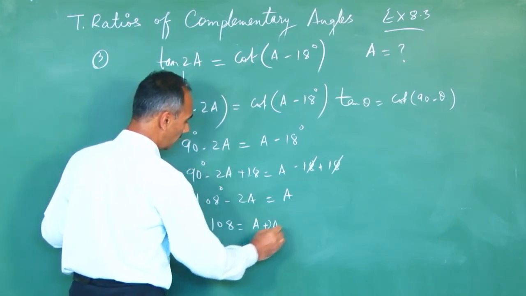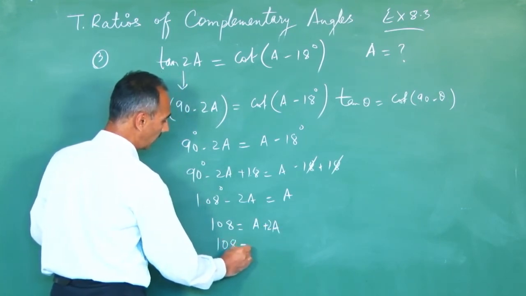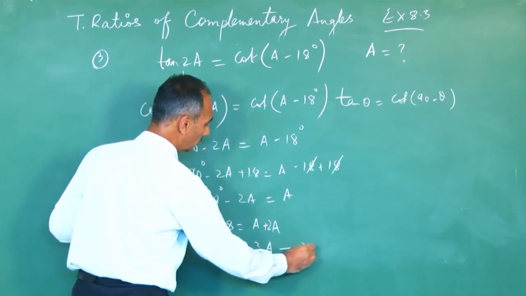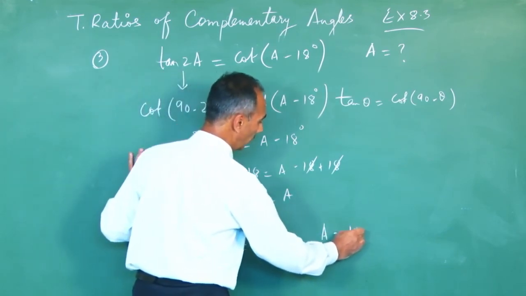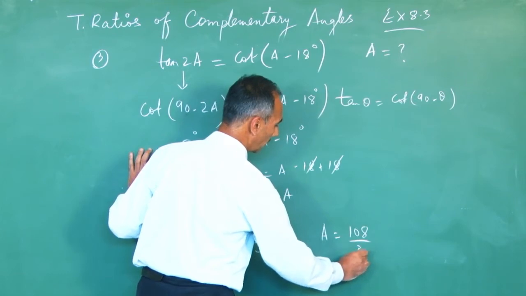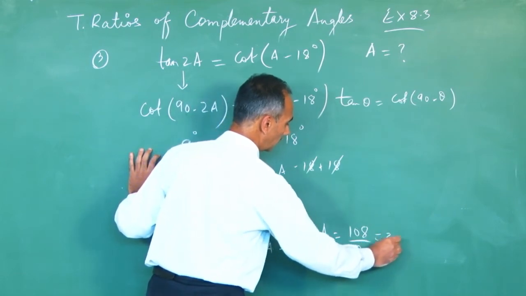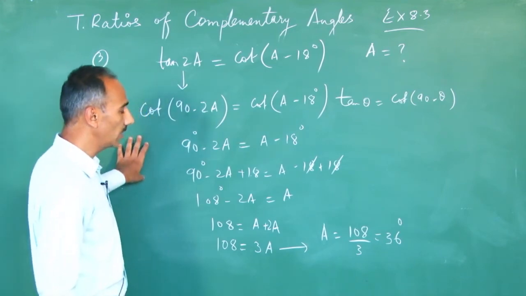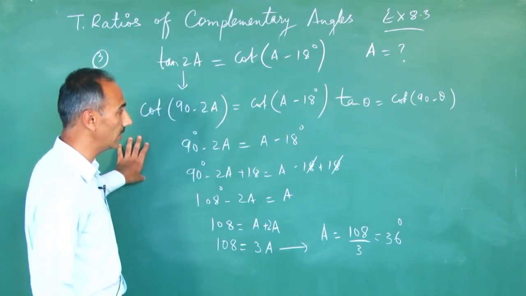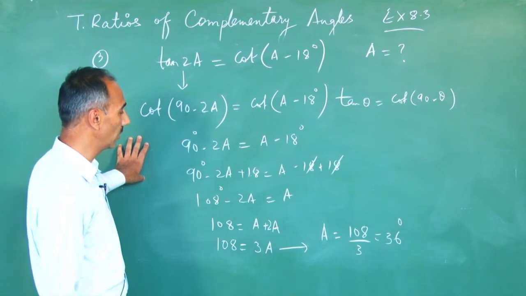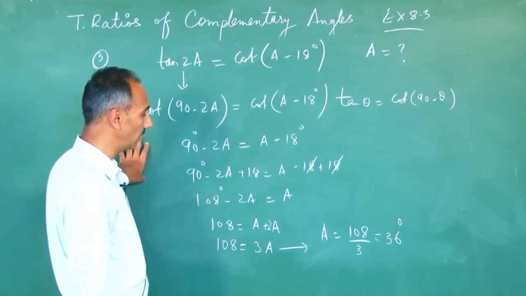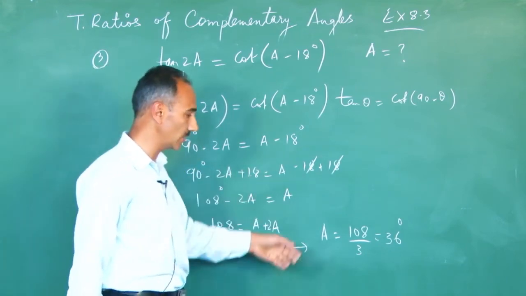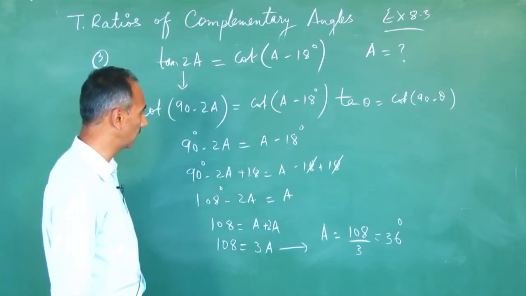A plus 2a, so 108 is 3a. So that gives me a is equal to 108 upon 3, which is 36. So a is 36 degrees. That means 2a is 72, which is acute. So we have derived the value of a, which is an acute angle, and the answer is 36 degrees.